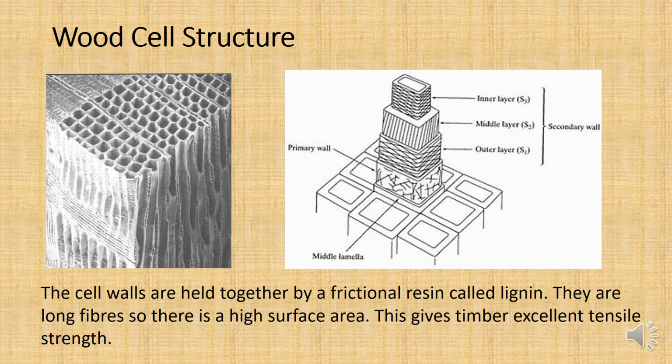And on the outer side of each cell wall, there's this real sticky frictional resin that we call lignin. Now basically it's very, very hard to pull these cells apart, and that's why wood can have some excellent tensile strength.